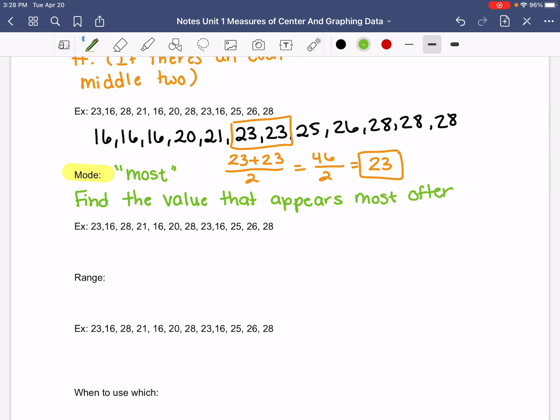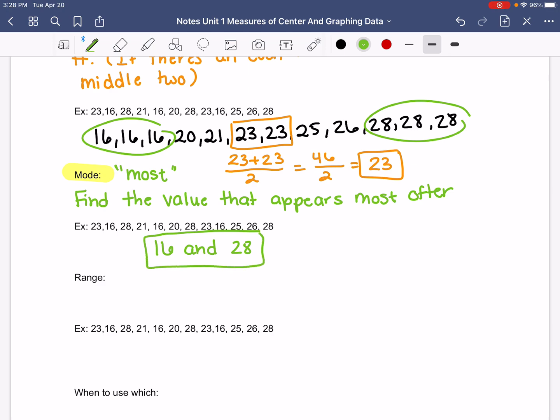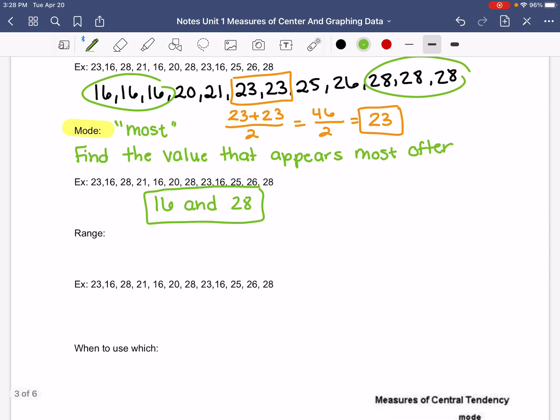So we already had our numbers up here. The 16 and the 28 both show up 3 times each. So there's actually 2 modes, 16 and 28. So it's possible to have multiple modes because they appear the same amount of times. It's also possible to have no mode. If every number only appears one time, then we say there's no mode.